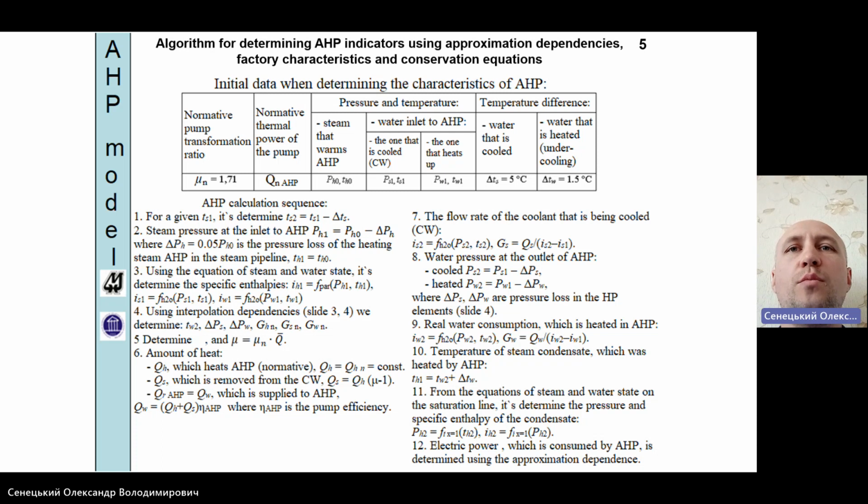Accordingly, this component of the software package is characterized by the presence of initial data and determined characteristics. This algorithm served as the basis for creating software models for determining the characteristics of AHP and its subsequent integration into the turbogeneration thermal scheme.